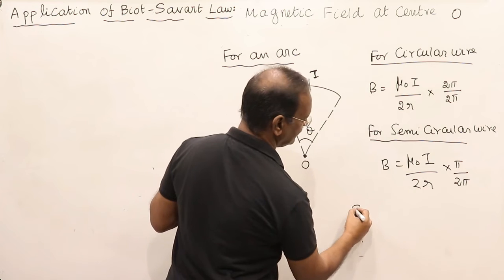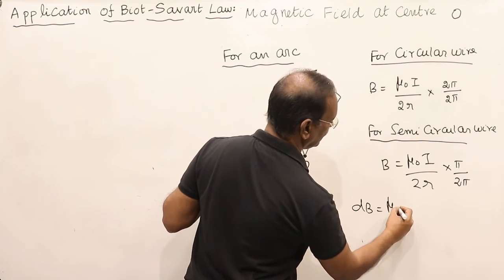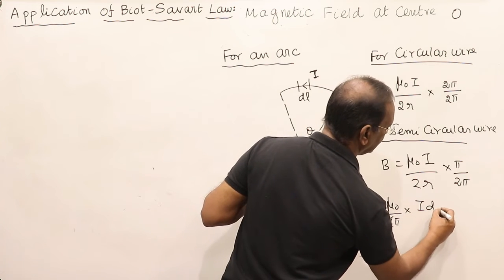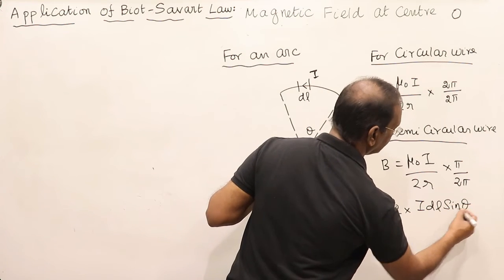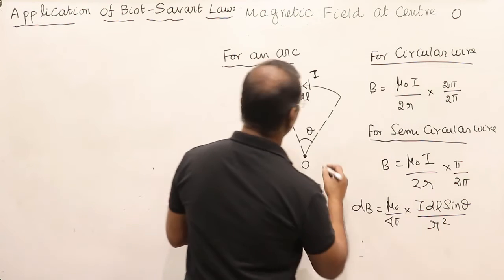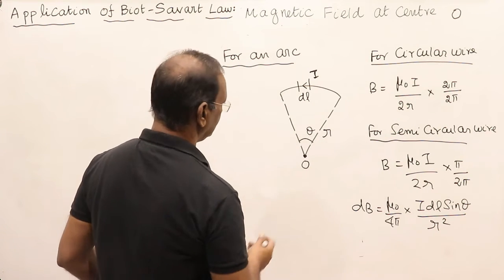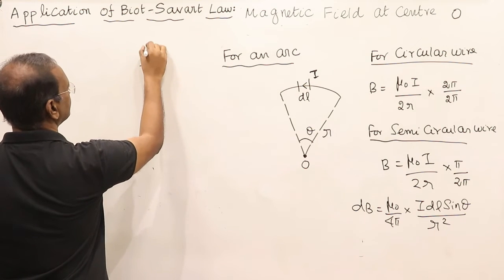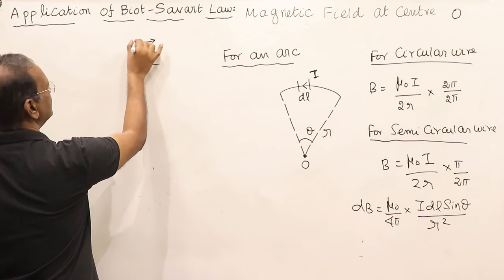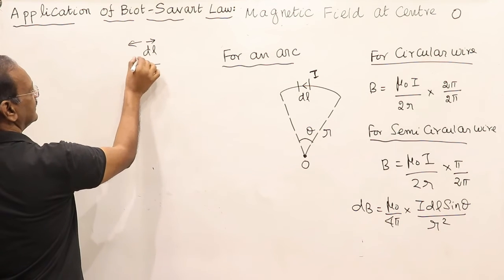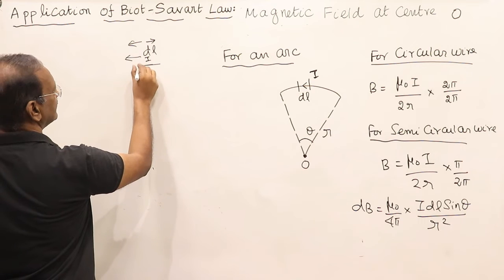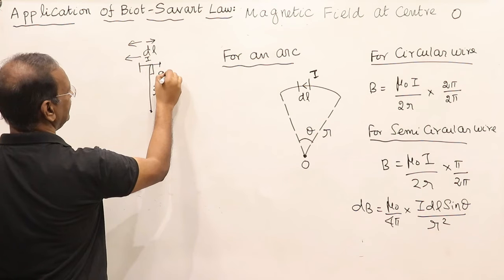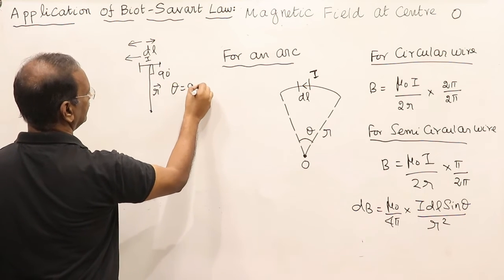So we want to find out dB. As we know, dB is equal to mu naught by 4 pi, into I into dl into sine theta divided by r square, where r is the radius. Here the dl vector is in the direction of the current flow, this is the r vector, and this is 90 degrees, that is theta is equal to 90 degrees.